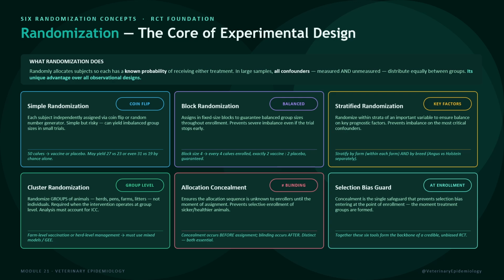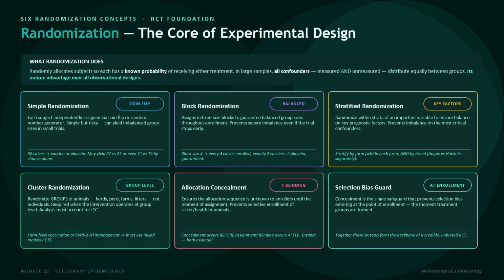Simple randomization is essentially a coin flip for each animal. It's easy to implement and works well in large trials where group sizes naturally balance out. But in smaller veterinary trials, simple randomization can lead to uneven group sizes, for example, 31 versus 19 calves, which reduces statistical power.